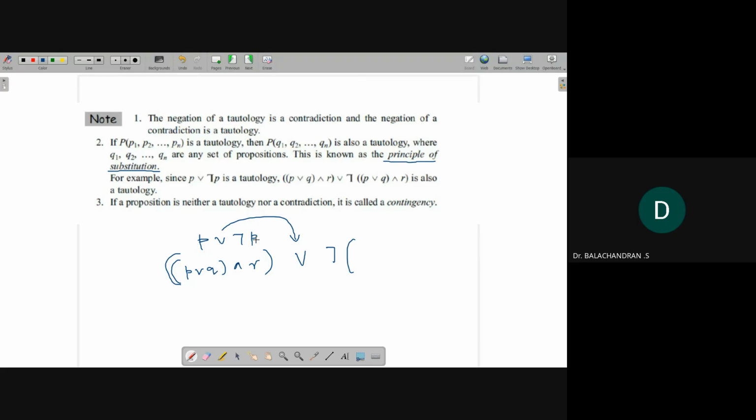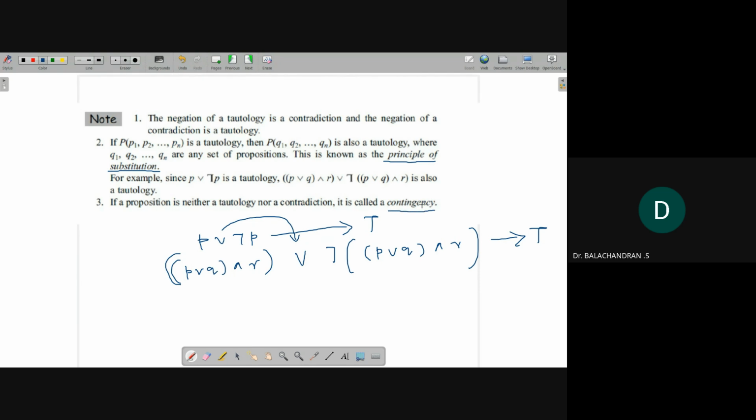Again, I should write this P, where P is P or Q and R. So if this is a tautology, this is also a tautology. That is given here, the principle of substitution. If your proposition is neither a tautology nor a contradiction, it is called a contingency.